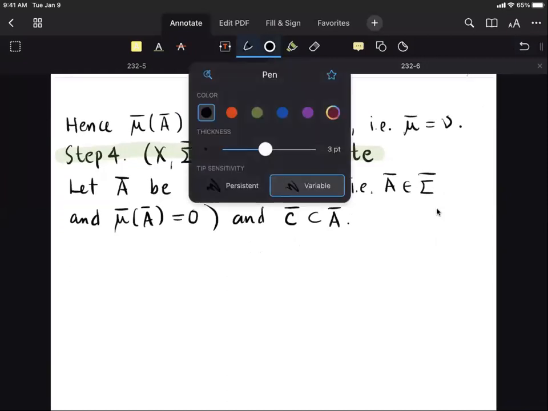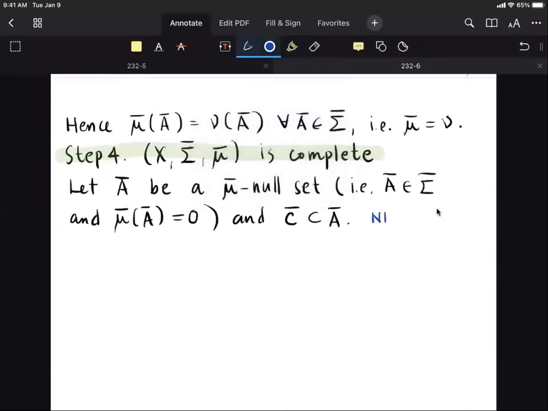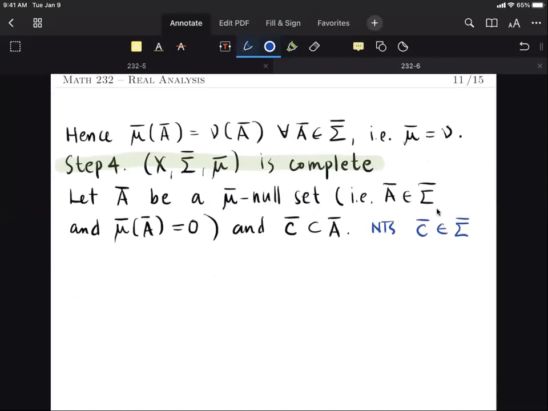Well, we would like to show that this subset of the null set is also in the sigma algebra. Again, recall that a measure space is complete if every subset of a mu null set is also mu null, and it is also measurable, of course.